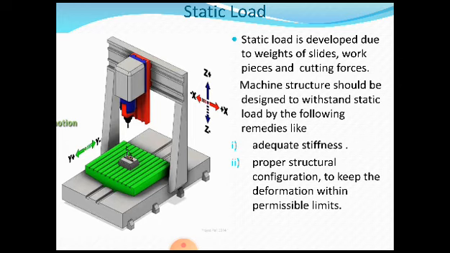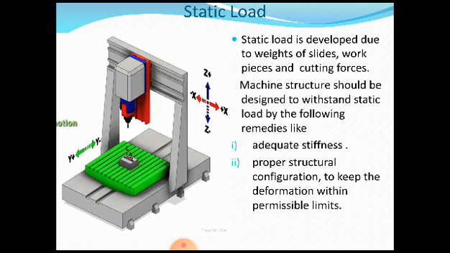That means it should be able to sustain the weight of the slides, the load of the workpiece, and the cutting forces. Whenever it has to do all these things, what quality do we expect? Whenever I want the machine structure to sustain the static load, what considerations do we have to make?